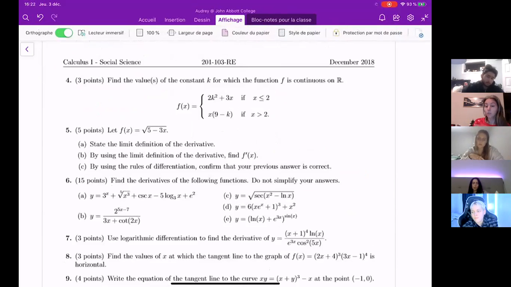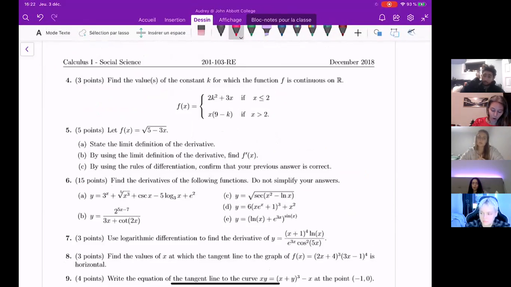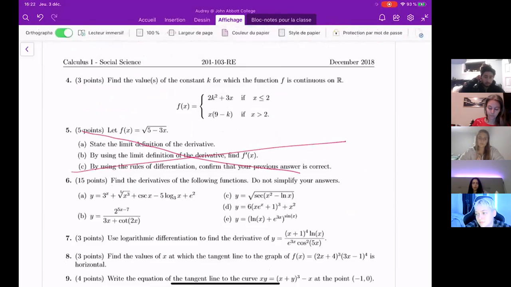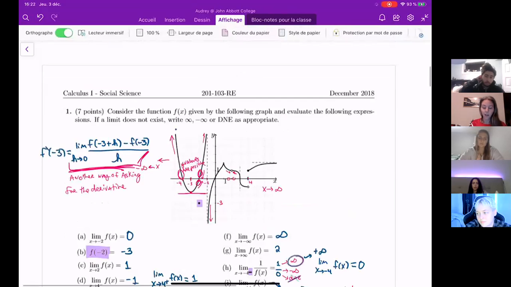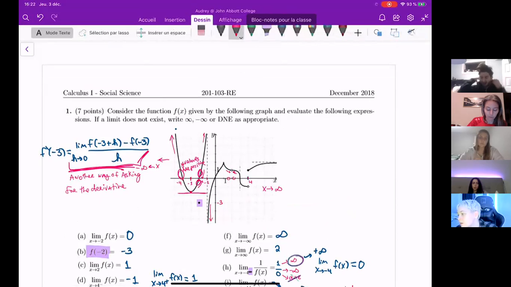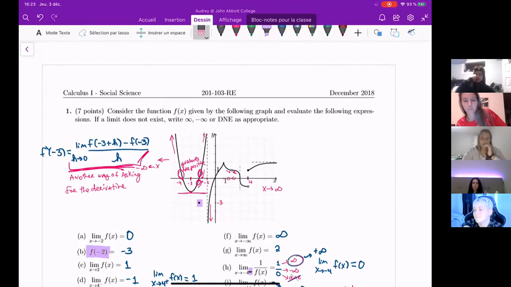But to my knowledge, that type of question could still be there. So like definitely you're not going to have to do this. But recognizing that it is the derivative, you might still have to do. You won't have to specifically state it or remember it off the top of your head, but you will potentially have to recognize it. I'm sorry, Sandra.